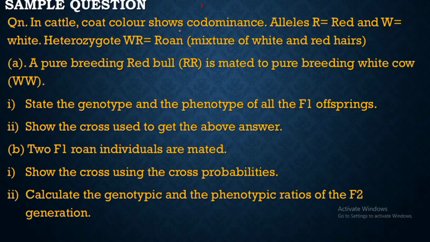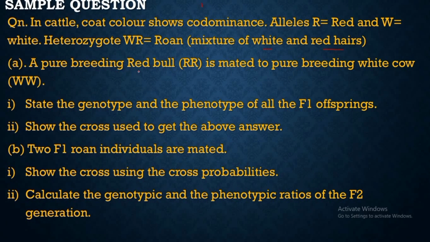In cattle, coat color shows codominance. Alleles: R is equal to red and W is equal to white. The heterozygote WR is equal to Rowan. Rowan is a mixture of white and red hairs.